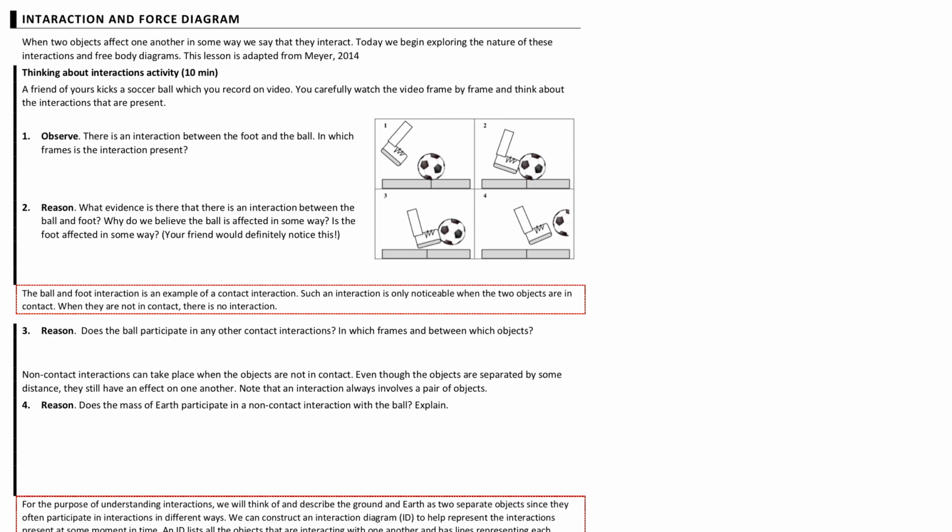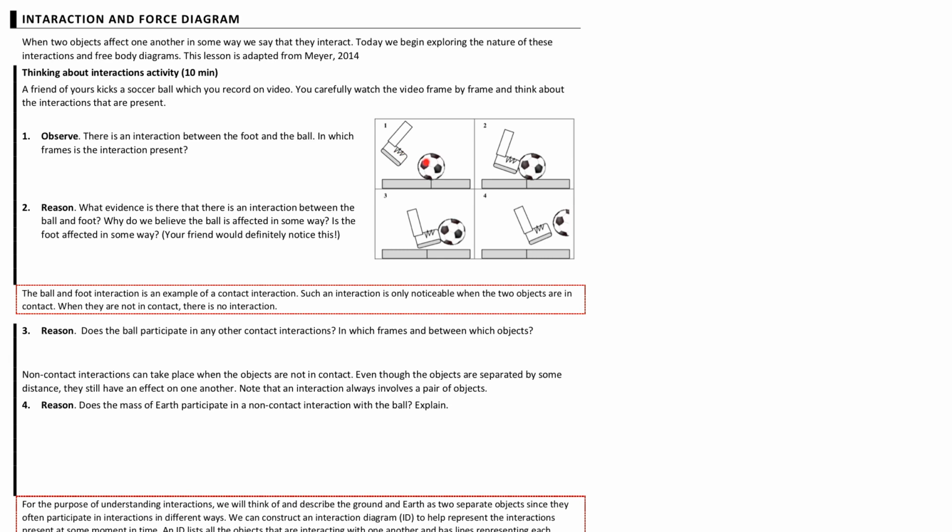Okay, a friend of yours kicks a soccer ball, which you record on a video. You carefully watch the video frame by frame and think about the interactions that are present. So there is interaction between the foot and the ball. In which frame is this interaction present? So foot and the ball, in the first one, they're not really interacting, they're far away.